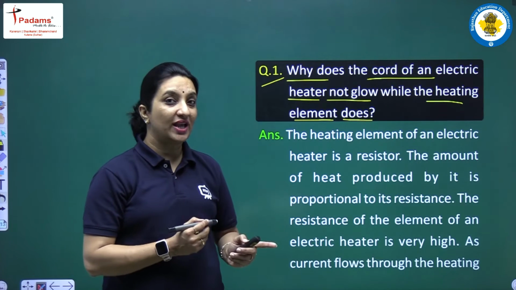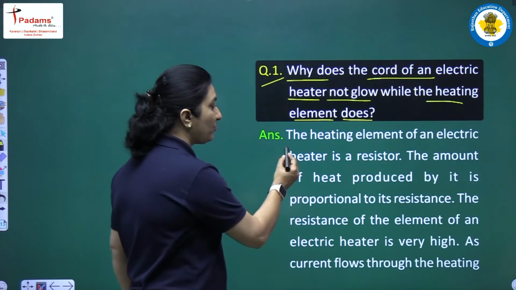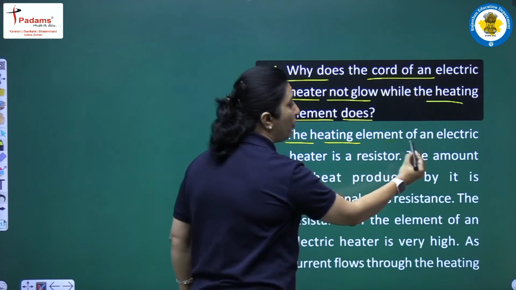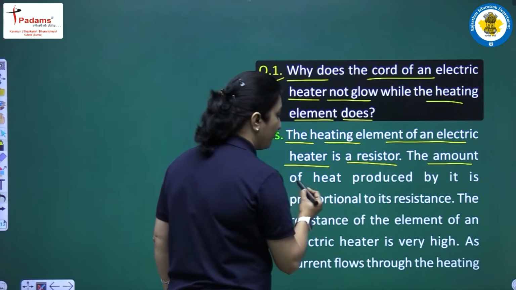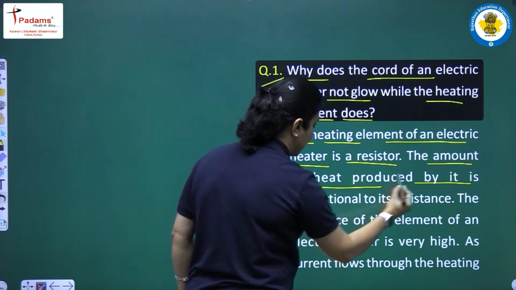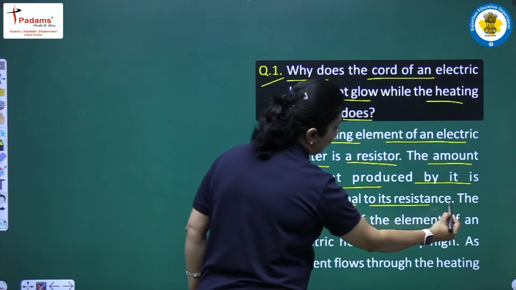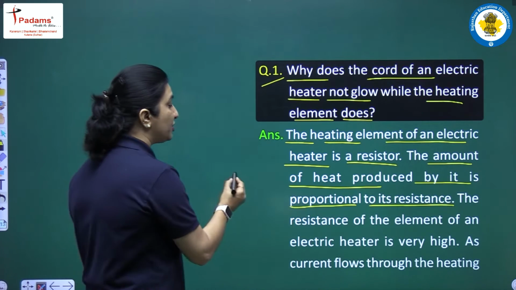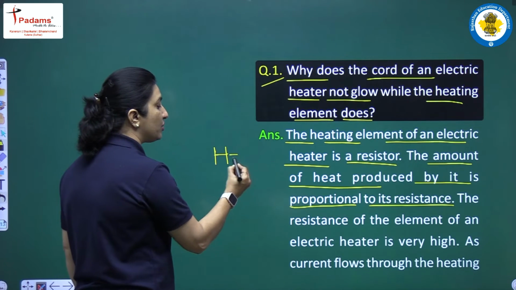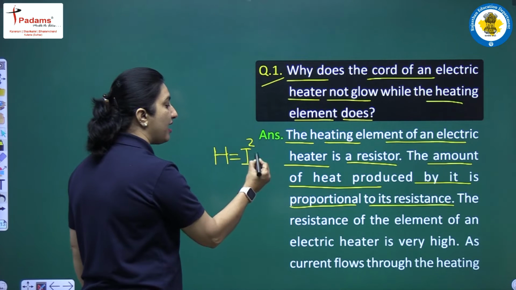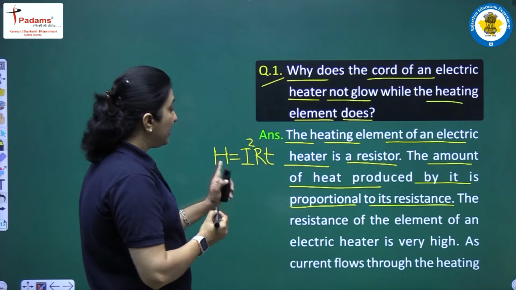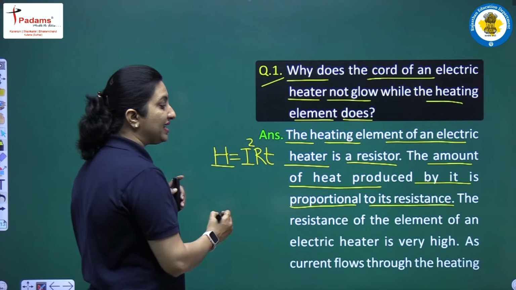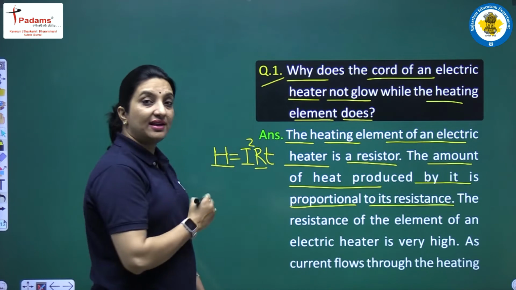तो हम उस आंसर को कैसे लिखेंगे ये देखते हैं। The heating element of an electric heater is a resistor. The amount of heat produced by it is proportional to its resistance. The amount of heat produced is given by, students, H is equal to I square R T. From this formula what we see is the amount of heat produced by it is proportional to its resistance.